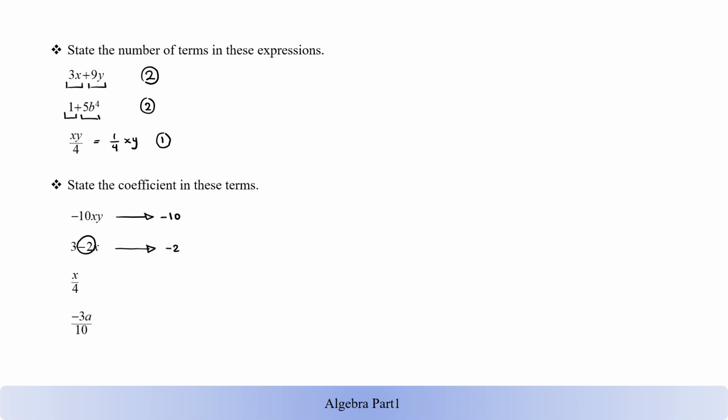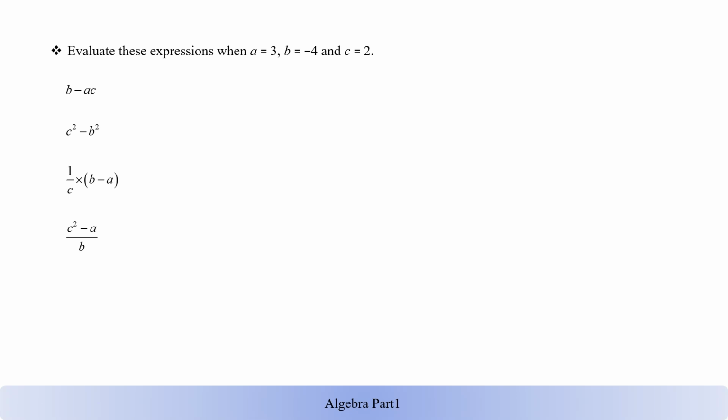Now, x over 4 can be written as 1 over 4 times x, so the coefficient of x is 1 over 4. Last one, you can write it as minus 3 over 10 times a. So the coefficient is minus 3 over 10. Okay, let's move on to the next part.